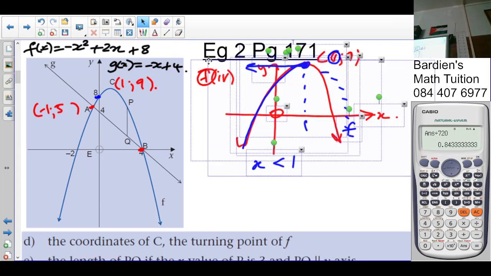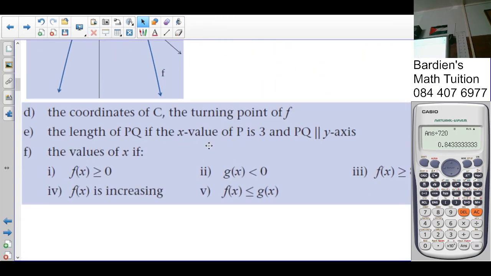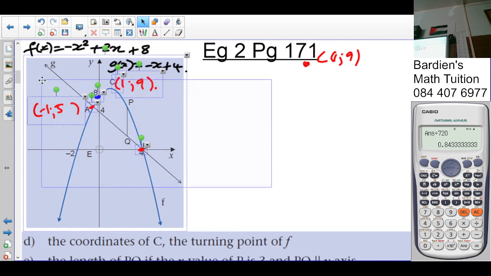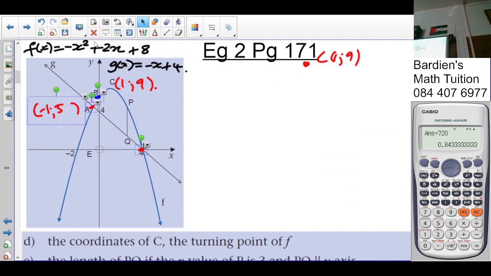Okay, and the last one. They want to know, where is f of x less than or equal to g of x? Let's just use the diagram itself.